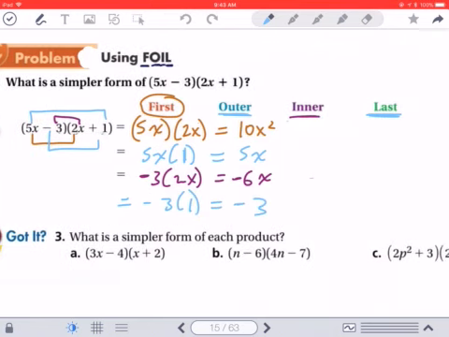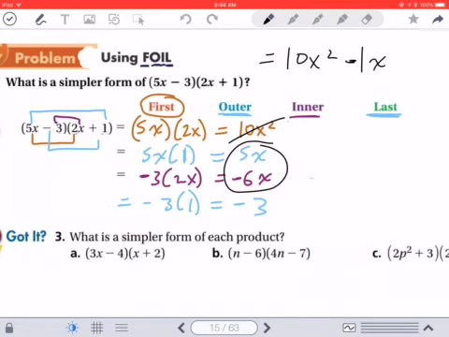Okay, and if I combine all these, I get 10x squared. Then I have 5x and negative 6x, that's going to be negative 1x. And then I have this minus 3 here.